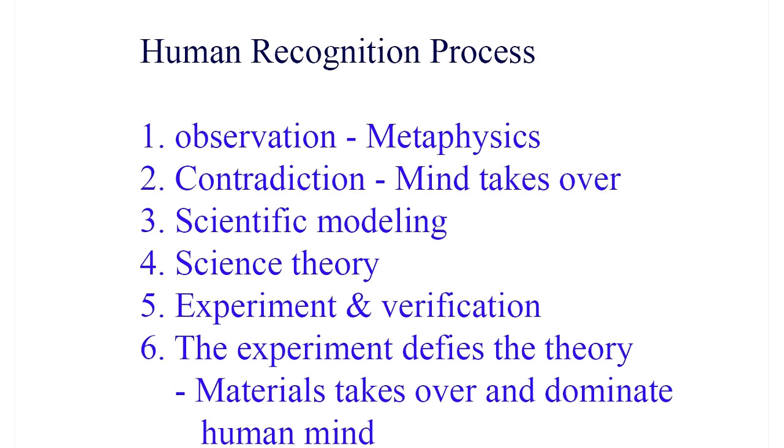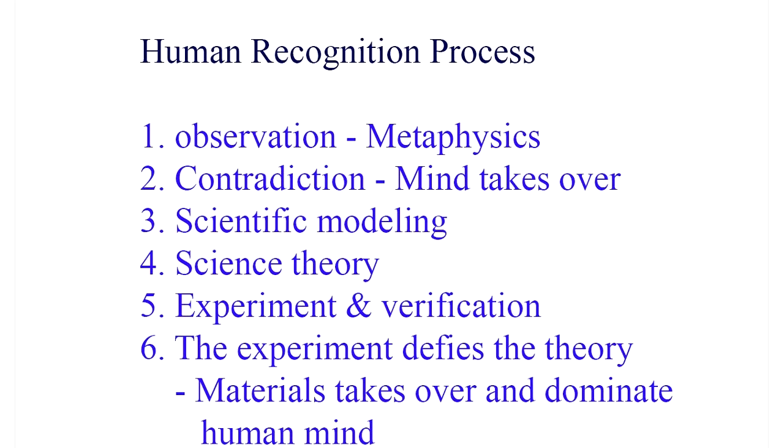And once humans create a theory, at this point, of the two contradicting items, human understanding, recognition, and nature, the human recognition is dominant, because human recognition is going to create a new theory, gravity, and conduct some experiment and verification.